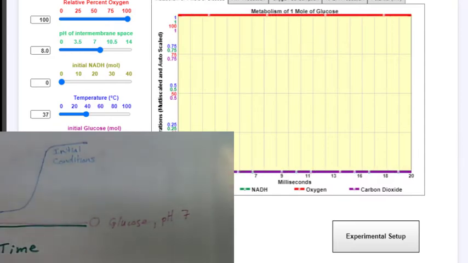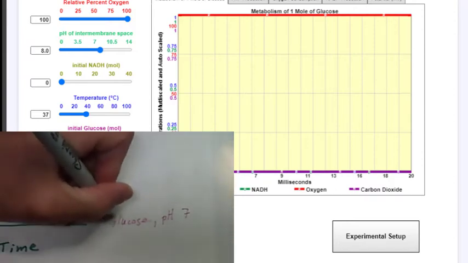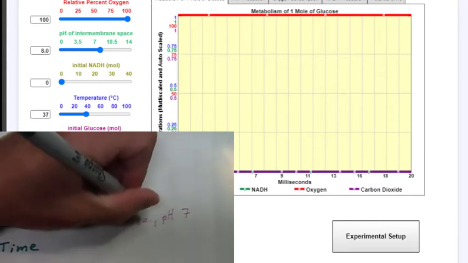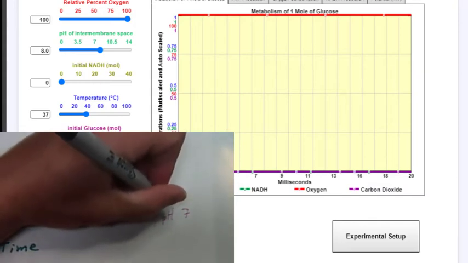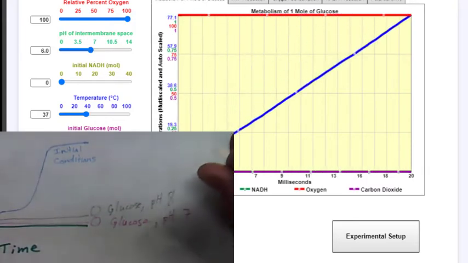So very similar results here where we get 0 glucose, pH of 8. Then we adjust it to a pH of 6, have them predict that. And we run it and we get this surprising result, right?